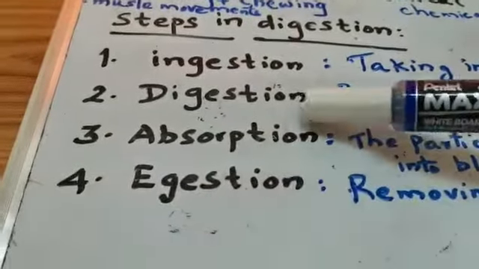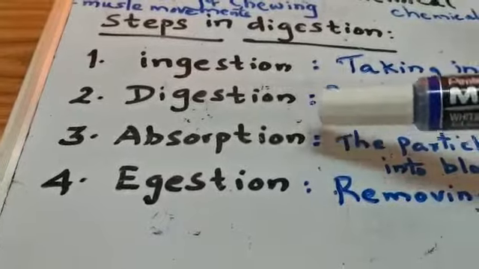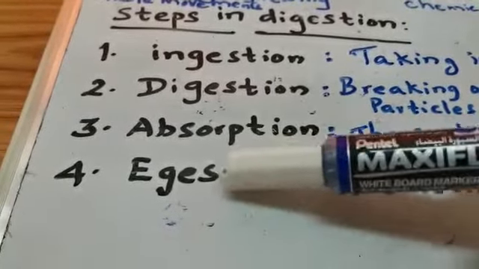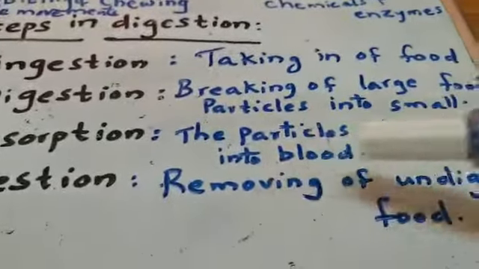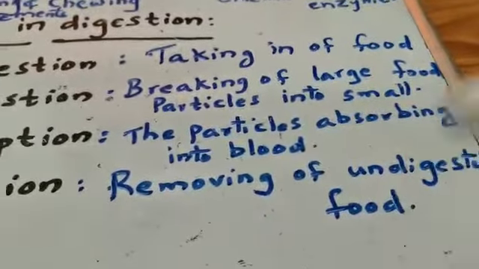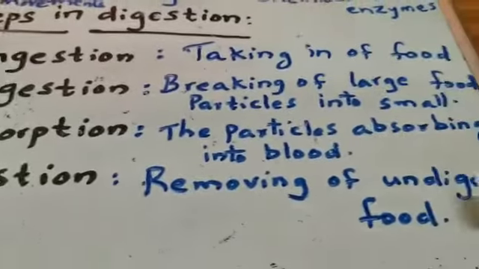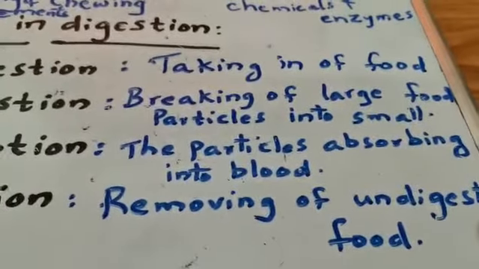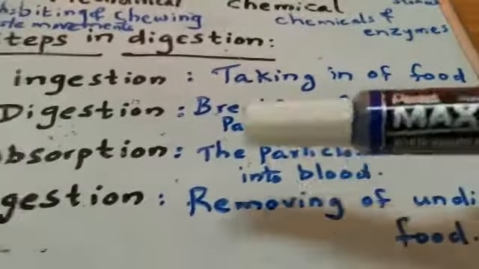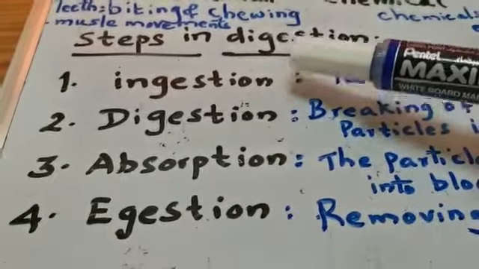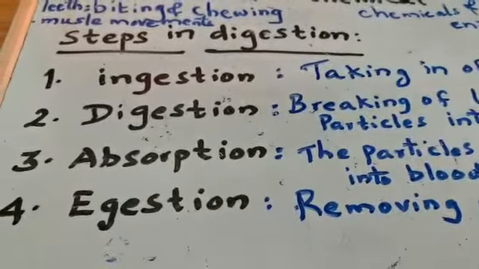Then absorption and assimilation actually. Then the last step is egestion, removing the undigested food, the waste particles. We are removing our waste particles outside the body. Again, first process ingestion, taking in food.